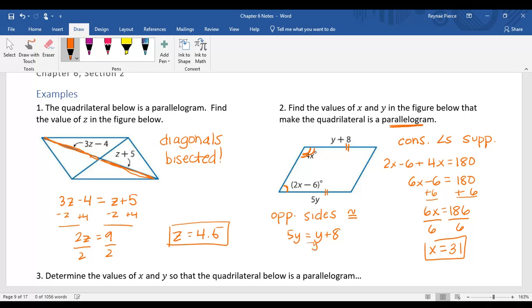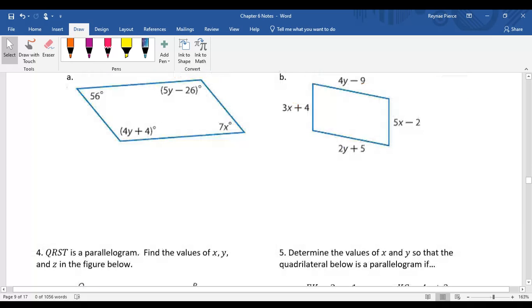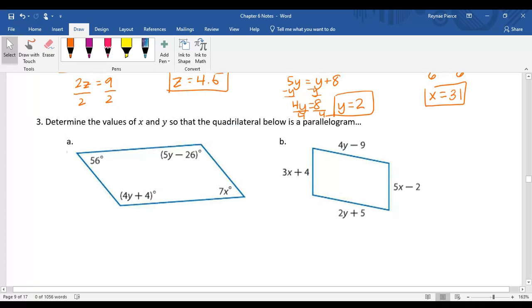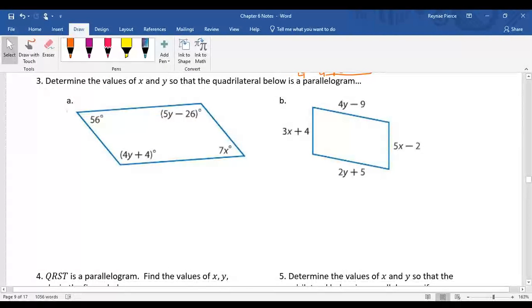Okay, subtract y, and then divide by 4 to get y equals 2. Okay. I want you to try number 3 on your own, okay? And we will go over number 3 together in class.